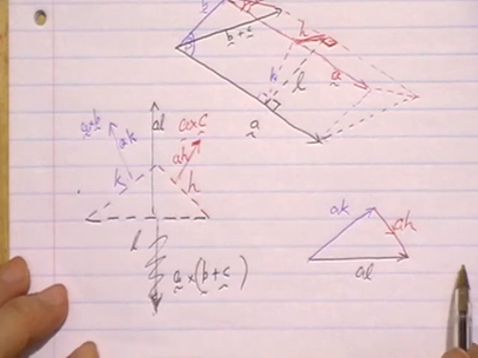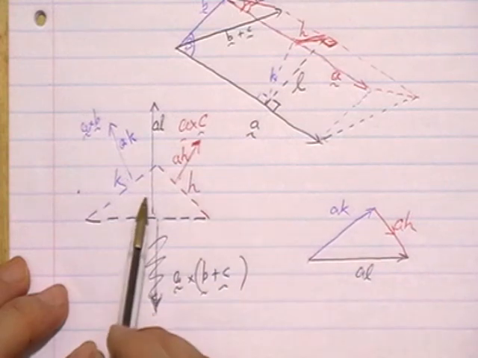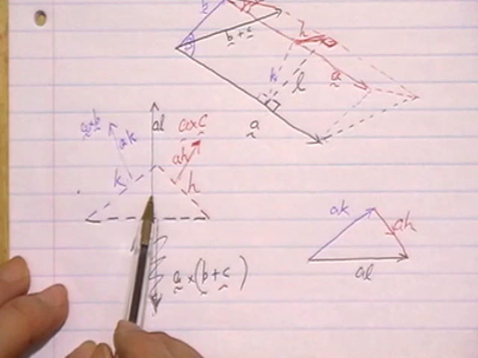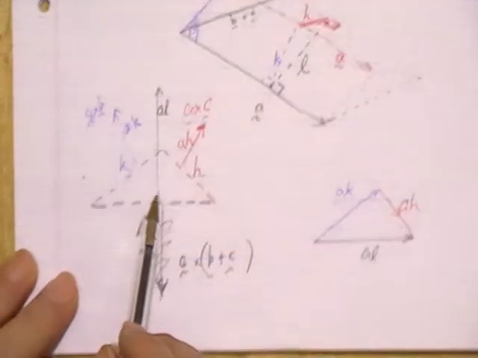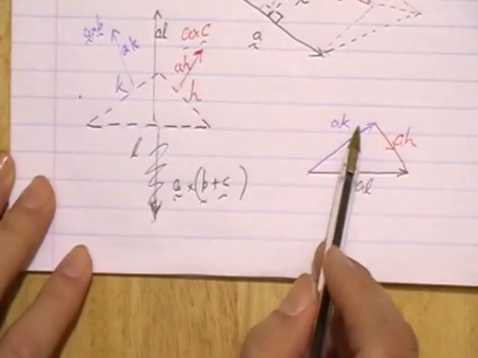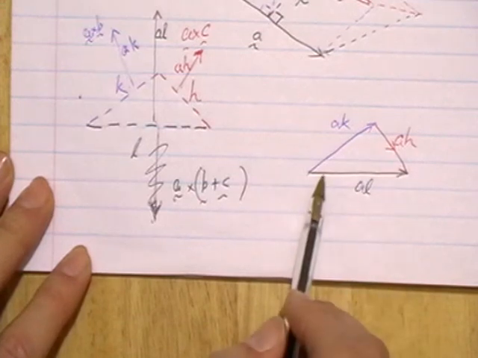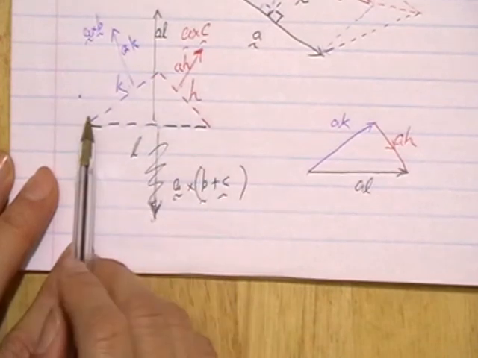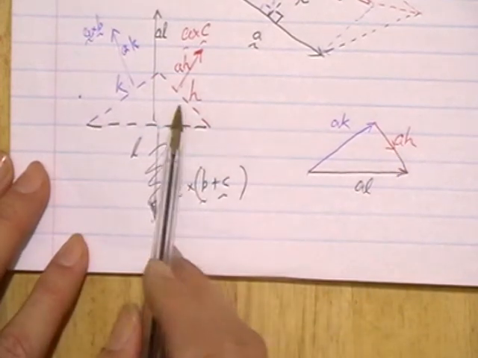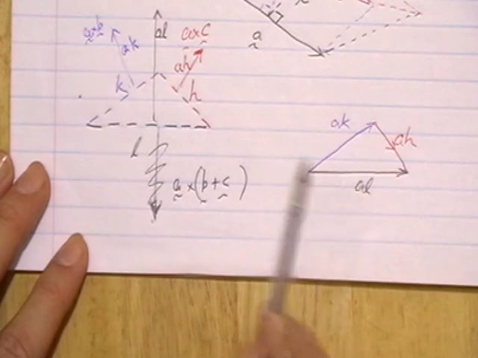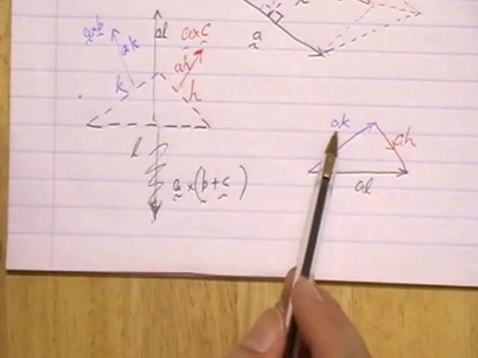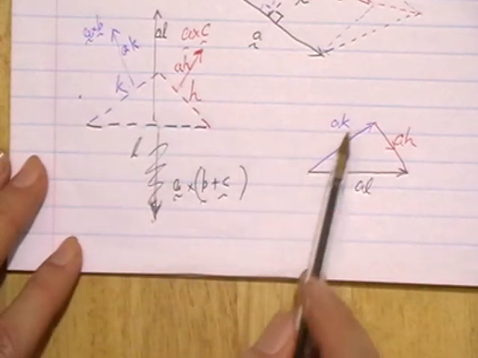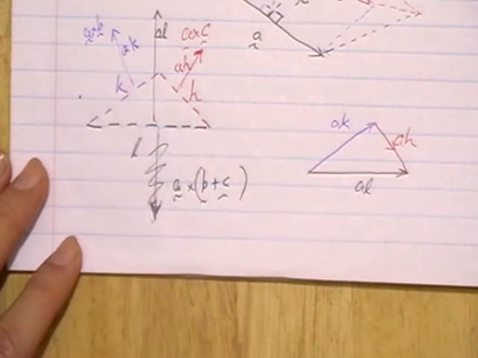Well, it should form a closed triangle because this triangle is similar to this triangle, simply because the corresponding sides have the same ratio, which is A. Each of these sides is just A times the corresponding side.